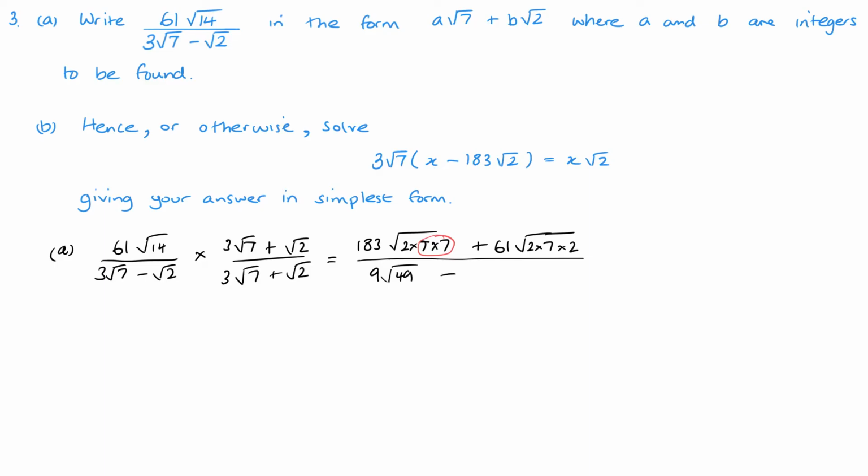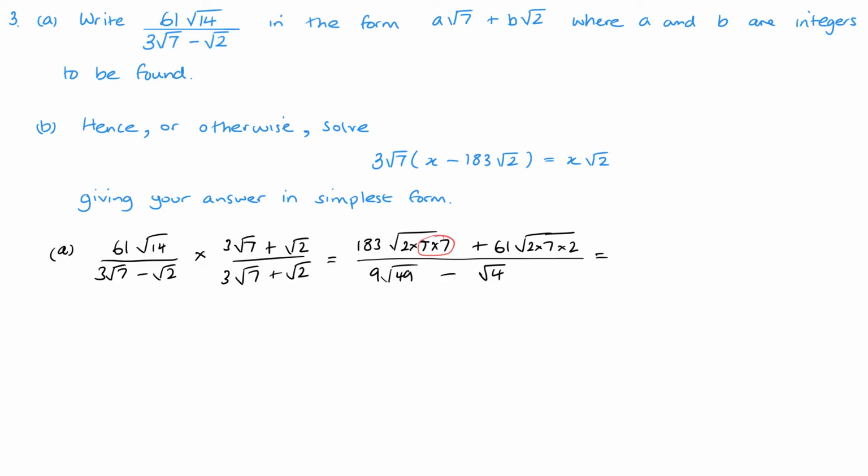The middle ones will cancel out, so that is 3 root 14, and that's minus 3 root 14. So they will cancel out. And then we've got minus root 2 times root 2, so minus root 4, which is obviously just 2. But I'll take extra steps just to help you guys out.